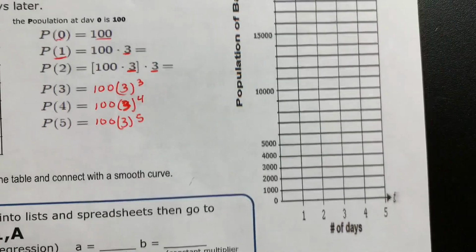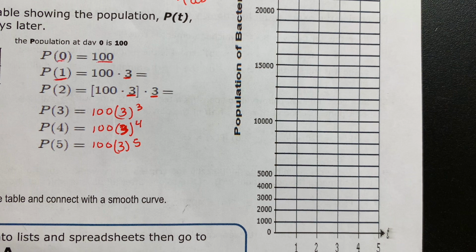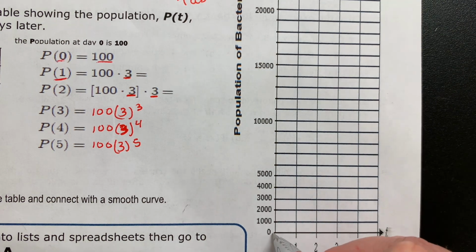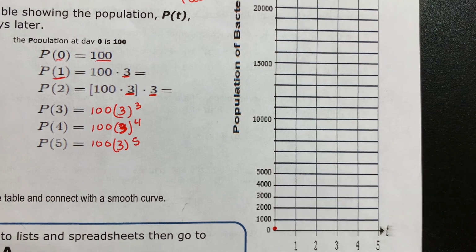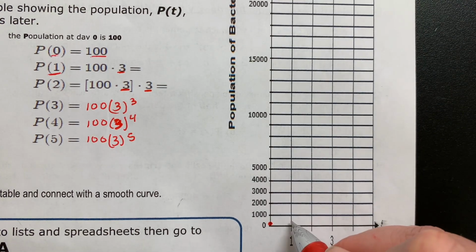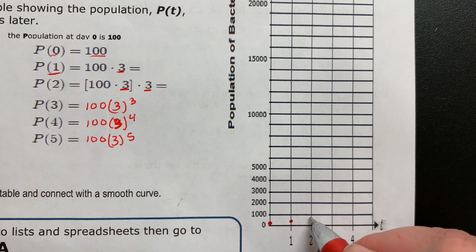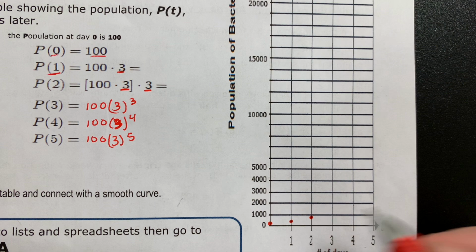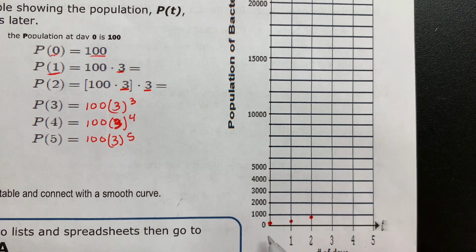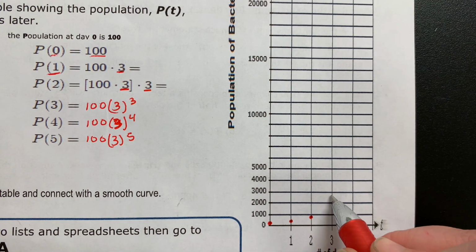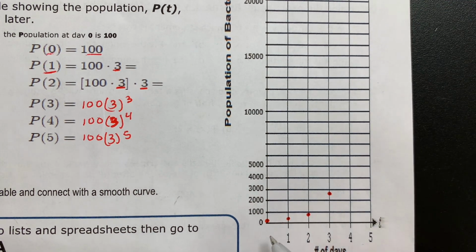All right, now we're going to graph them. So at 0, we're at 100. Well, it goes from 0 to 1,000, so 100 is pretty close to 0 on this scale. Then it goes to 300, so it's a little less than half. And then it goes to 900, so we're almost at 1,000. Then it jumps up to almost 3,000, 2,700. Then it jumps up to a little over 8,000.